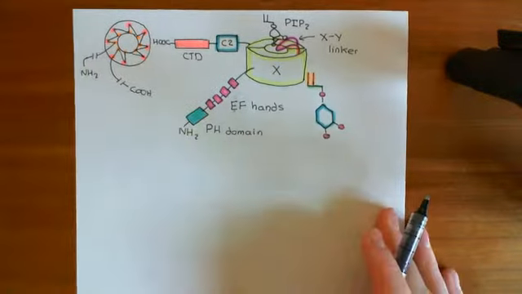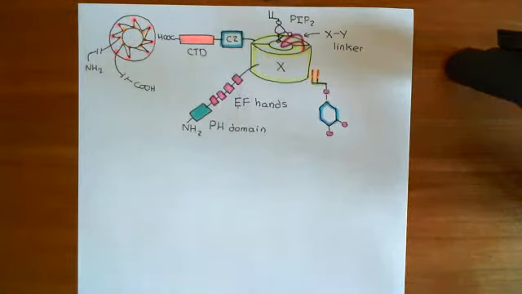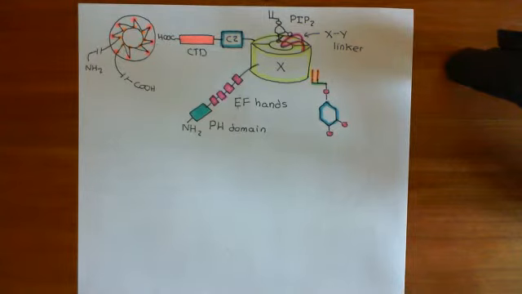Okay, so firstly what I want to discuss is the membrane association of these phospholipase C beta enzymes. How do they bind to the phospholipid bilayer, and then we'll move on to how the alpha Q/11 subunits of heterotrimeric G proteins are going to activate them.